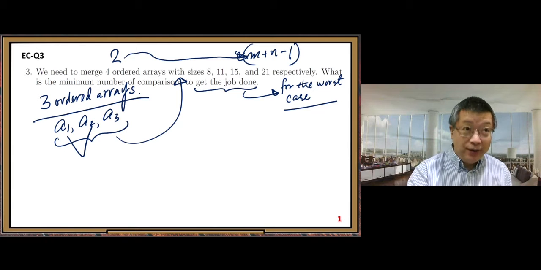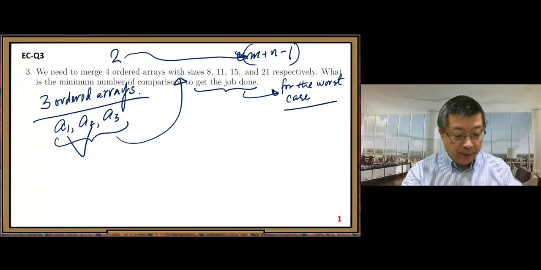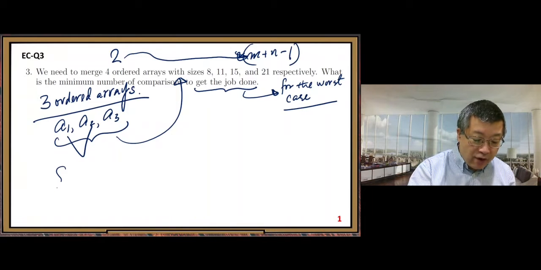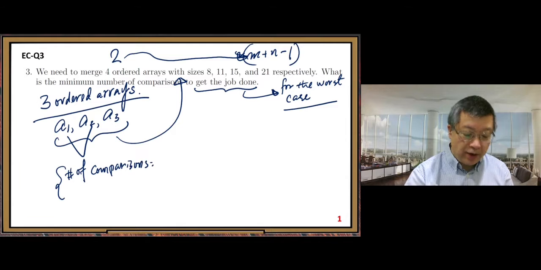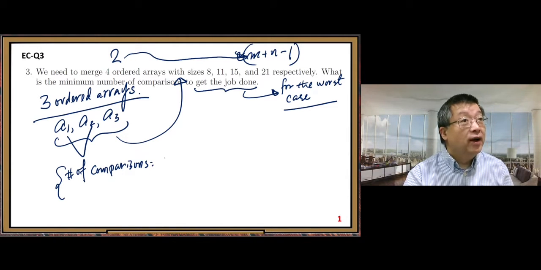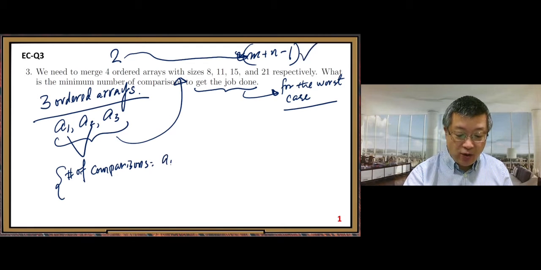So A1, A2, then the number of comparisons we need, how many? Worst case formula, right? It should be A1 plus A2 minus 1.